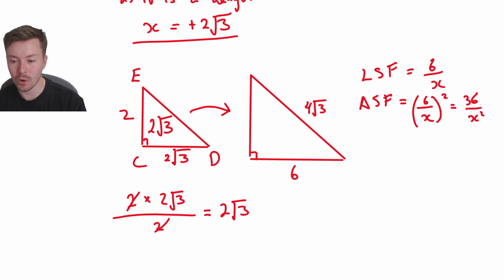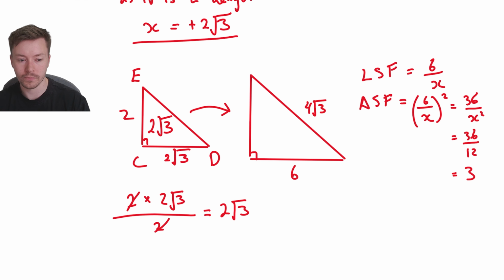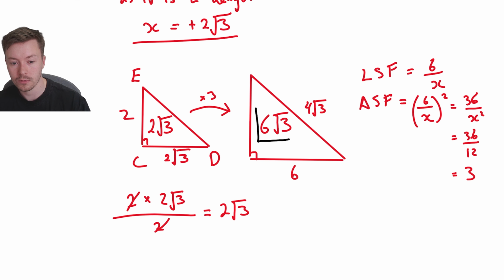Now, x squared was 12, and so what we get here is 36 over 12, which gives me 3. So to get from the smaller area to the larger area, I need to times by 3. 2 root 3 times 3 gives me 6 root 3, which is my answer. Units squared, if you want to include that.